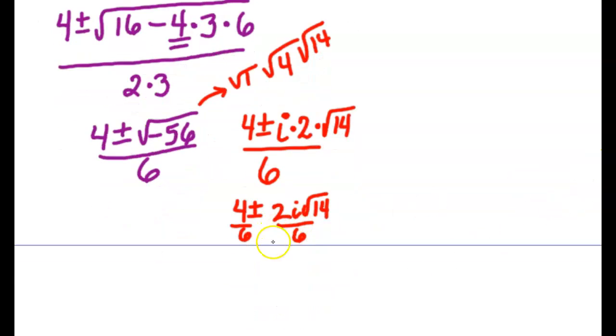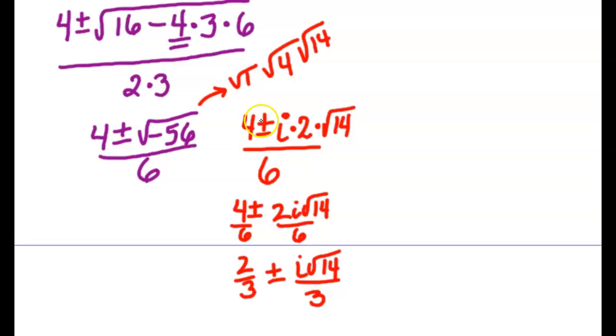Now, you can only reduce things that are not in jail. This little irrational jail here, you need to leave that 14 alone, okay? The only way you can reduce that is if you can bring something out front by perfect square. But 4 over 6 reduces to 2/3. And 2 over 6 right here reduces to 1/3. So you would just have i square roots of 14 over 3.